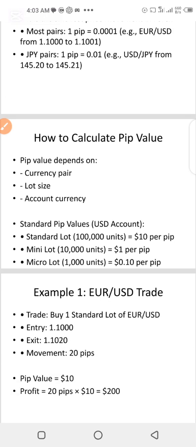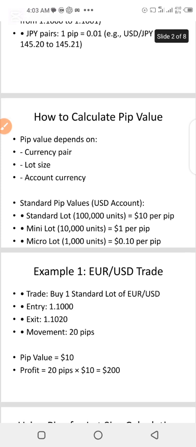Lot size: what is the lot size we are going to enter this market with? If you have been following this class, you will see where I discussed the lot size. Now, account currency has to do with your account balance, the equity you are trading at that particular time.